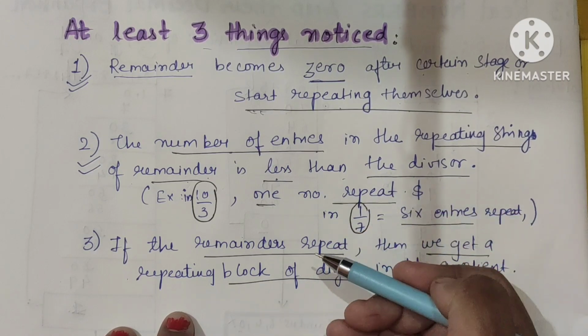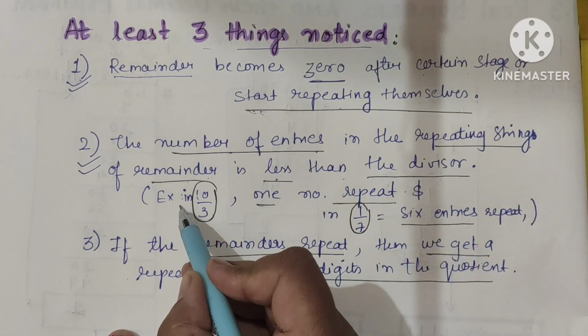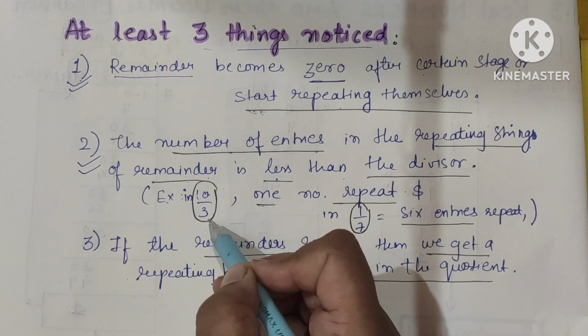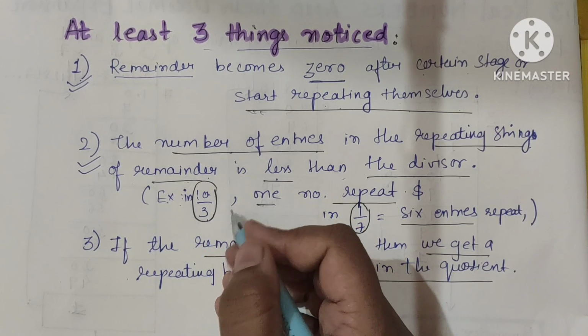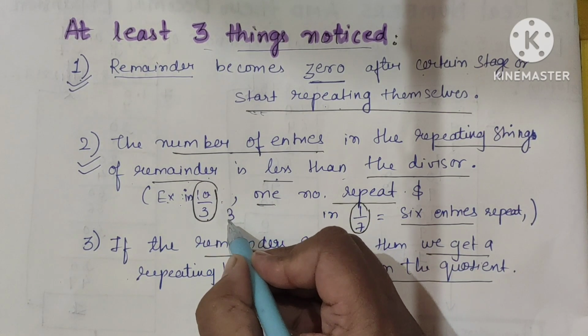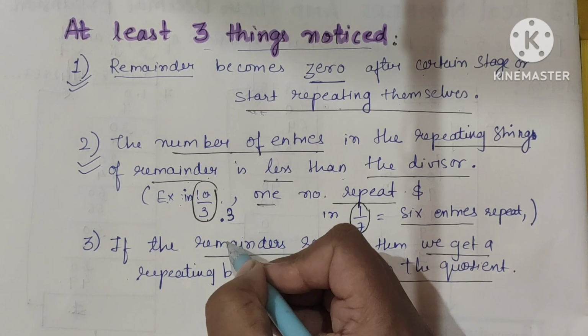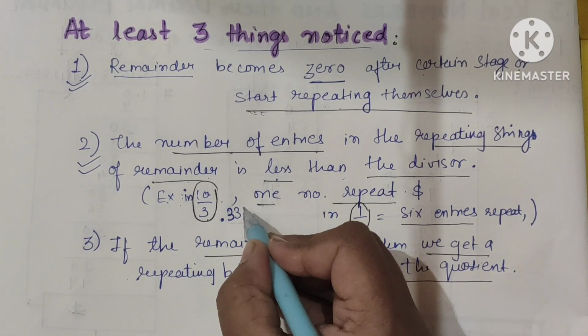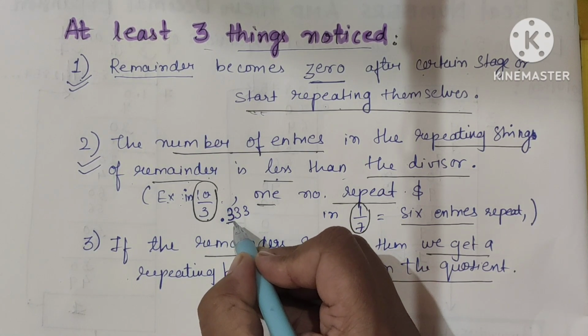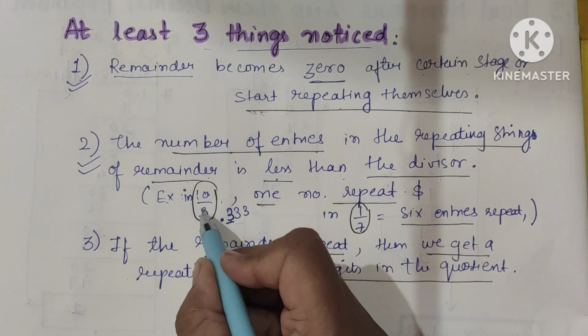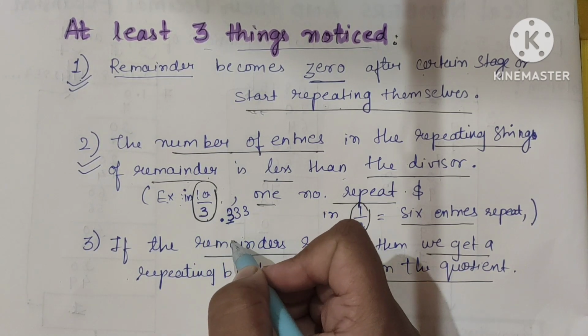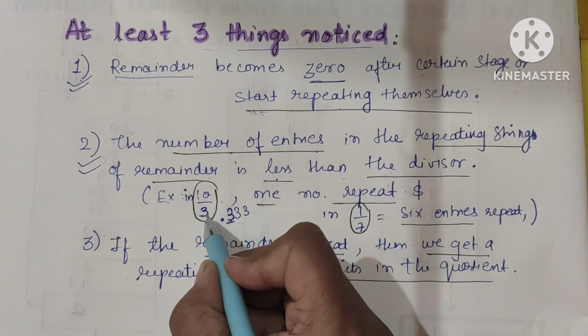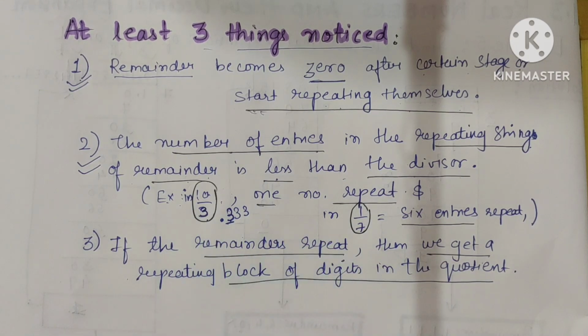What do you mean by this? Here in the example 10 by 3, we are getting 3 after the decimal. Again 3. What is this? It is less than this divisor. Okay, it is less than this divisor.